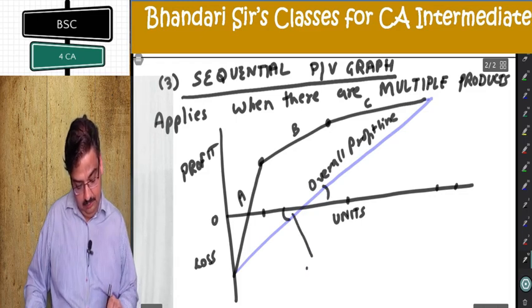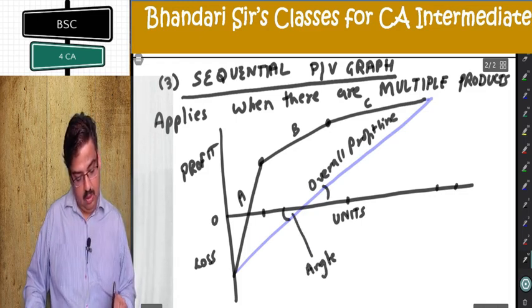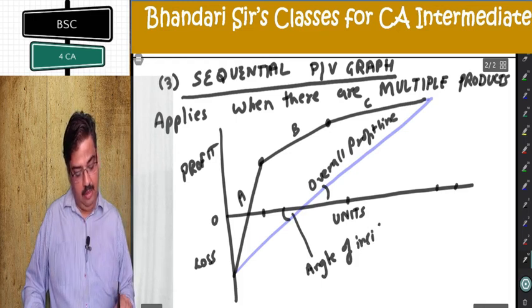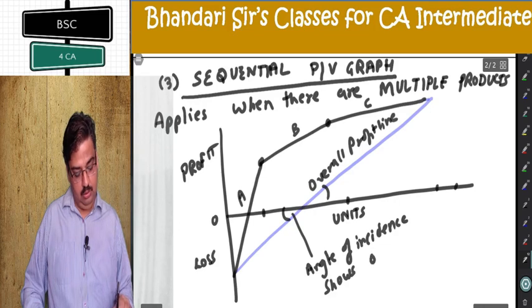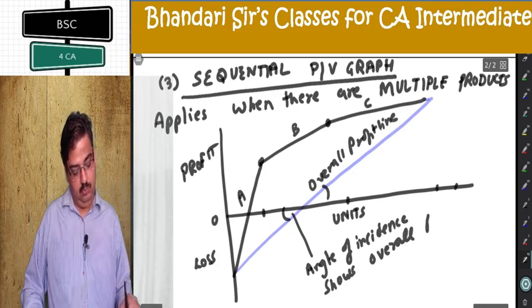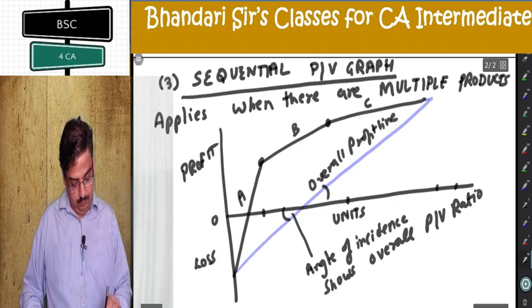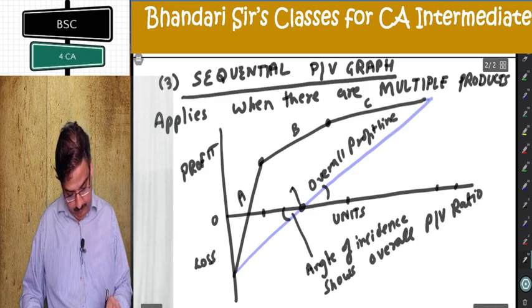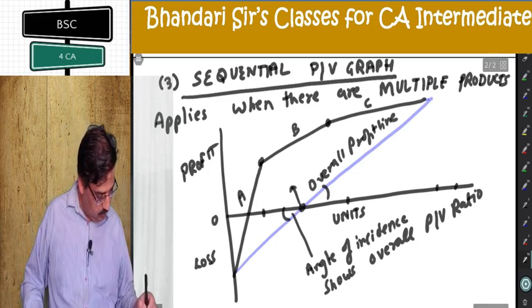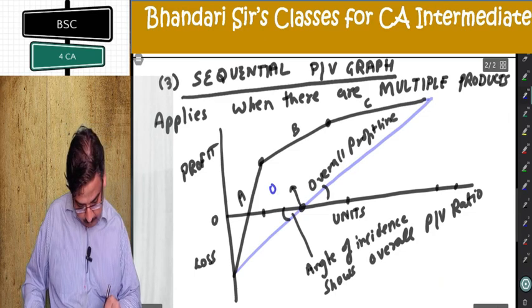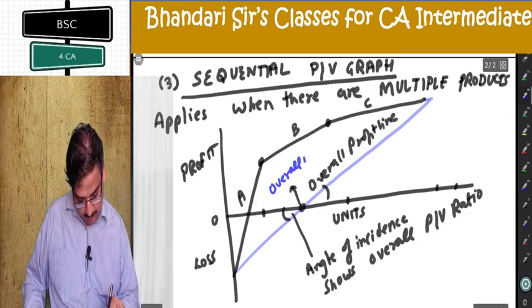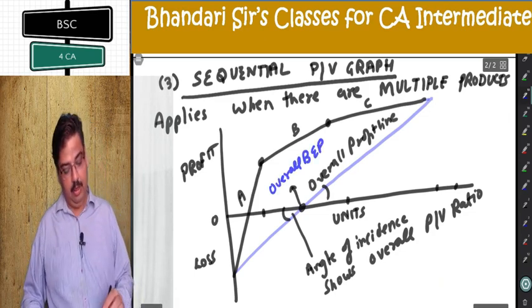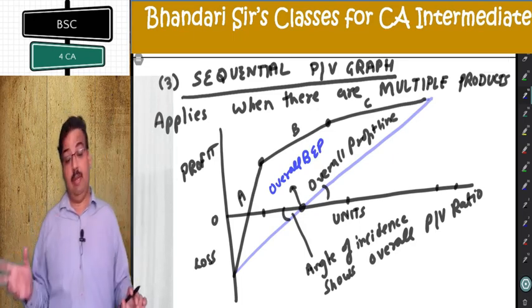This angle of incidence shows the overall PV ratio, and this is the overall break-even point, the composite break-even point, the concept that you have done.